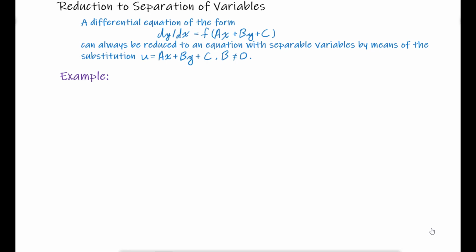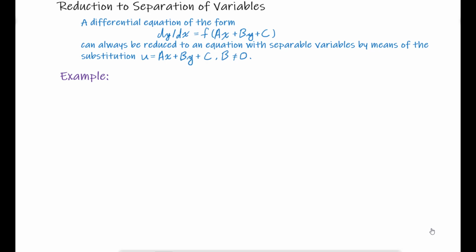The final type of substitution we're going to talk about today is reducing to separation of variables. Now, we did already talk about a specific type of equation that does reduce to separation of variables, but here's a second one.